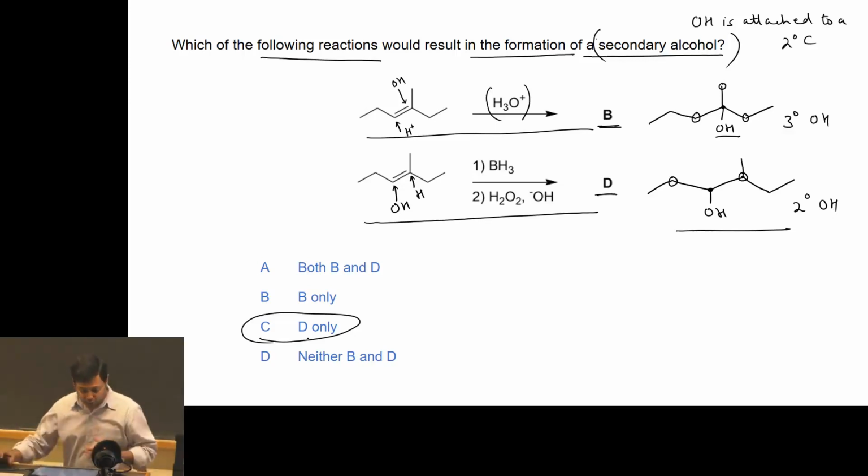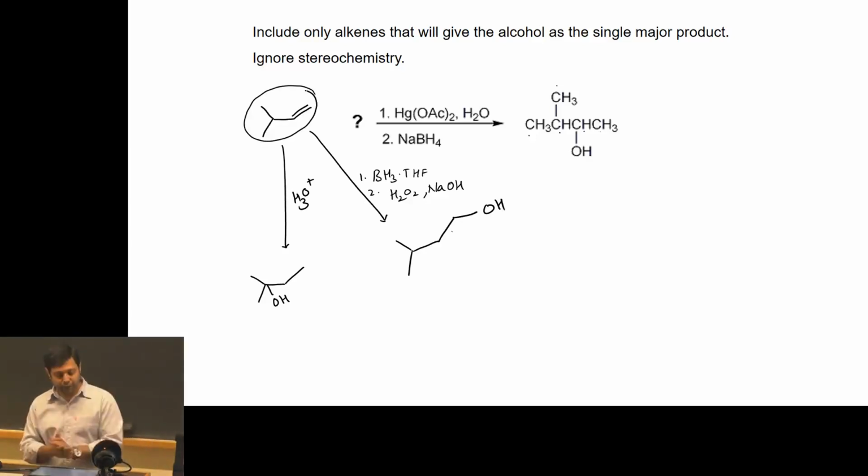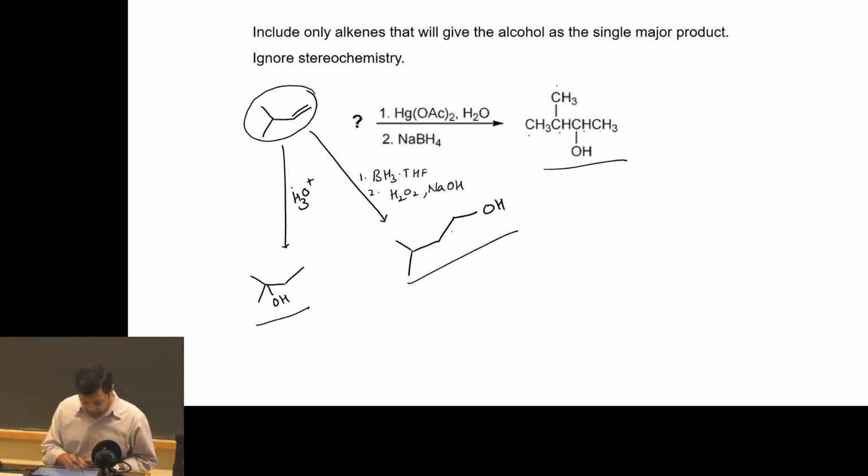Right. So if we go back to this slide now, you can see starting from the same alkene, based on what reagent you are using, you will get 3 different products. If you perform the hydration by H3O+, it will go through the more stable carbocation. You will get the OH installed on this carbon.